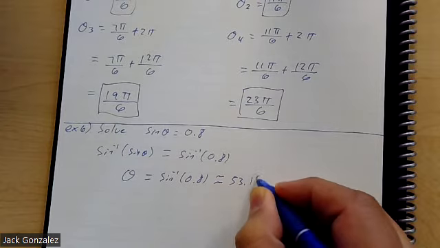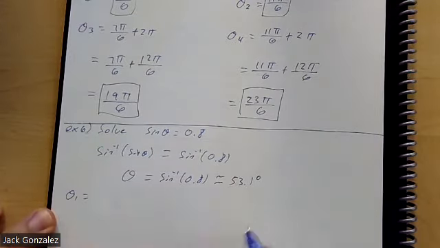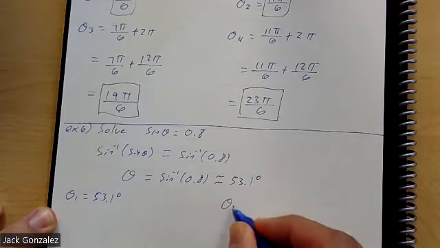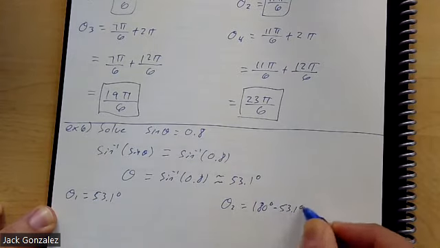It's around a 1 decimal point. So since we're doing sine, the rule says the first one is given to you by the calculator. The second one is found by subtracting from 180.